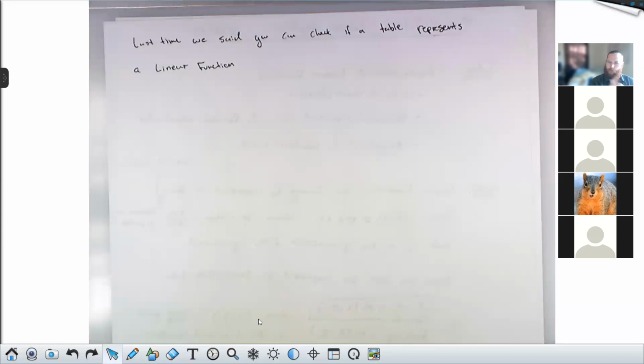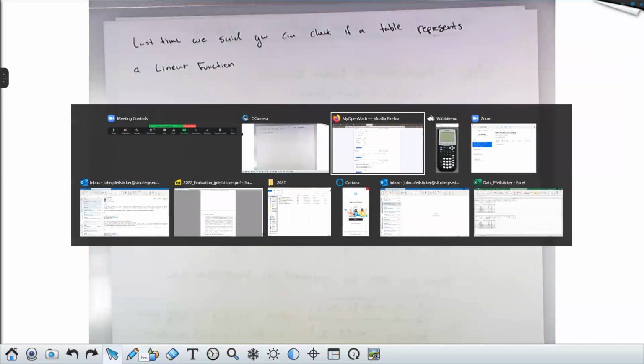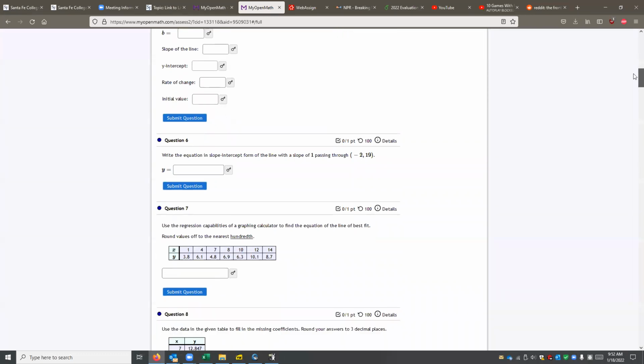By doing what? Who remembers? If I give you a table of values, how do you figure out if that table represents a linear function? You remember what we did? Check the rate of change.